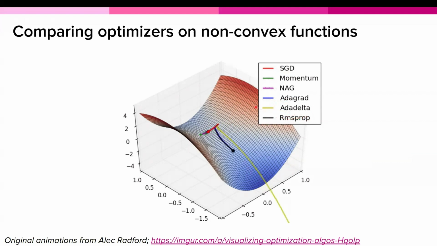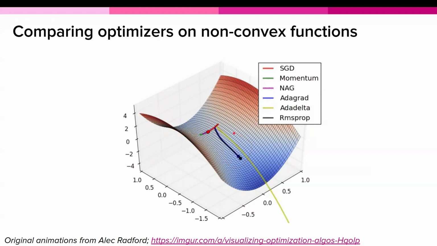There's also two others, NAG, which stands for Nesterov accelerated gradient, in purple, and Adadelta in yellow, which we didn't talk about today and are outside the scope of this course. The surface itself is shaped like a saddle, so it's concave along one axis and convex along another.